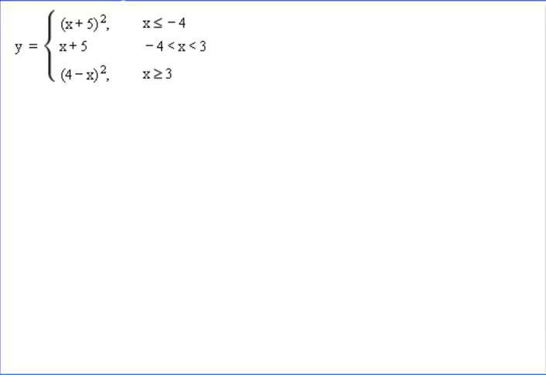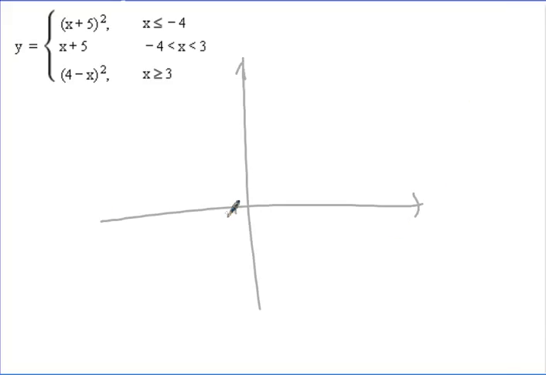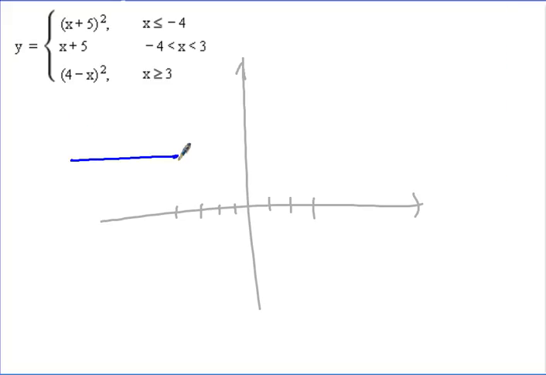If we look at the graph of the function, maybe it's just doing this. So you got -4, +3. So maybe it's just doing this. See? And that would be okay.